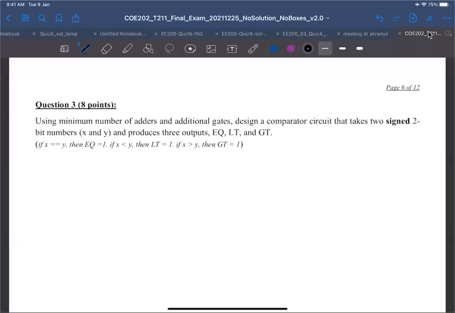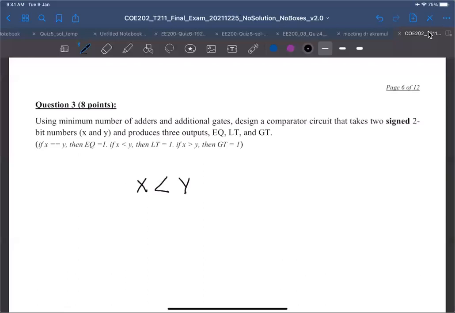We would like to design a comparator using a subtractor. So we have X and we have Y, and we would like to know whether X is less than Y. For example, then what to do?